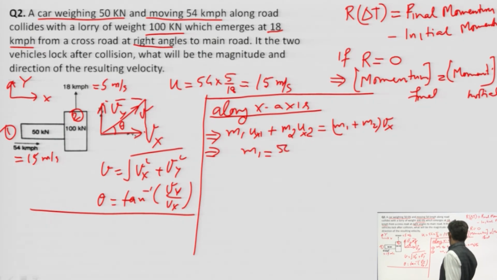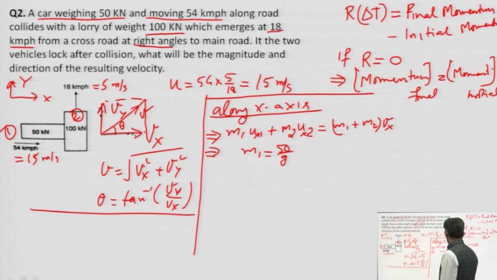So it is 50, unit does not matter, it will get cancelled out. However it is 50 by g into 10 to the power 3, but we can apply weight also.